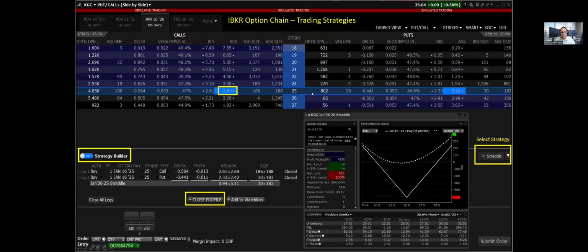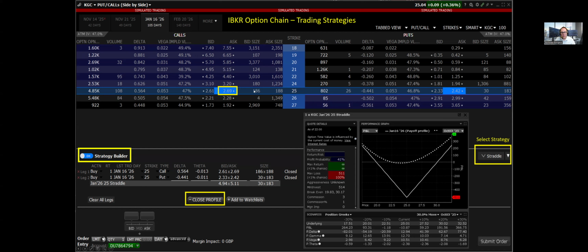In terms of option trading strategies, we looked previously at how to trade a single call or single put. We can see all our option prices on an option chain, which we discussed in the last video. If you want to trade a trading strategy, which we're about to discuss in the next slide, this is how you do it within IB Broker.